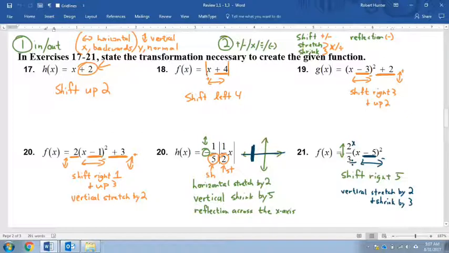Or you could sum it up in one, say it is a vertical, because 2/3, if you multiply by 2/3, think of it this way. If you multiply by 2/3, are you getting bigger or are you getting smaller? This is 0.6666666. So it's actually getting smaller.